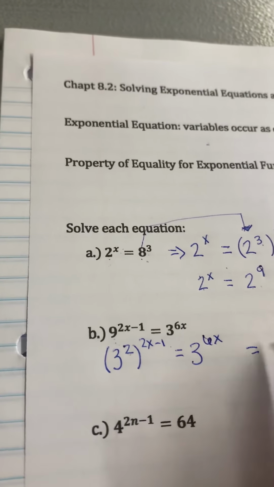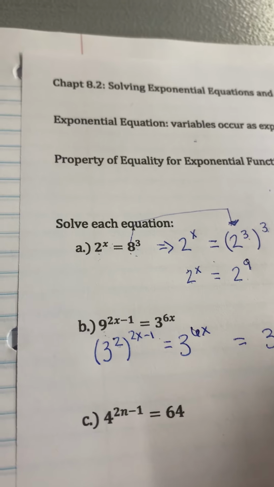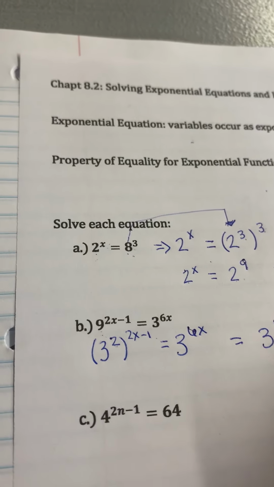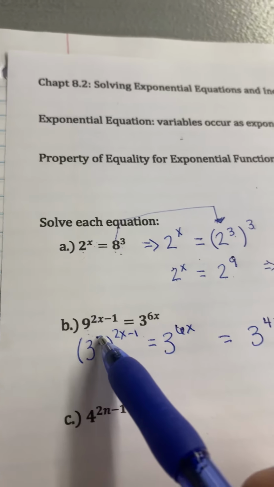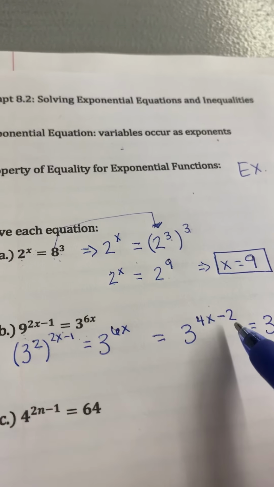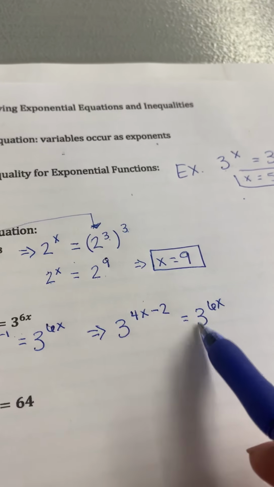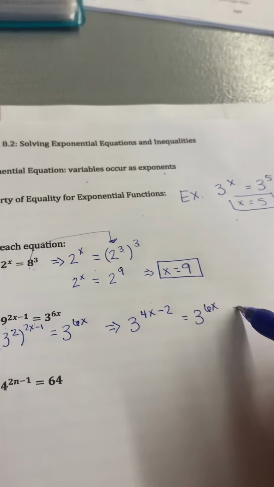So I have 3 to the 4x minus 2 equals 3 to the 6x. How did I get that? 2 times 2x is 4x, and 2 times 1 is 2. That's how I got my new problem. Now my bases are the same, so I get to drop them.